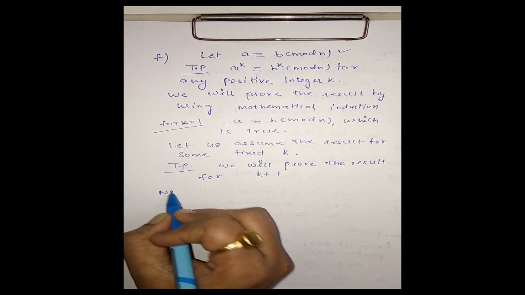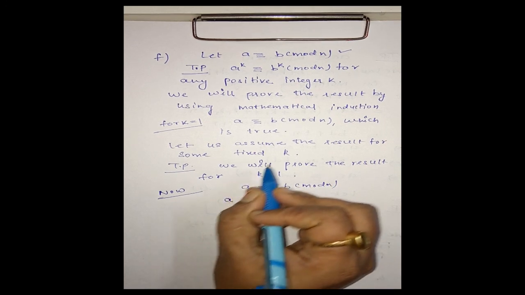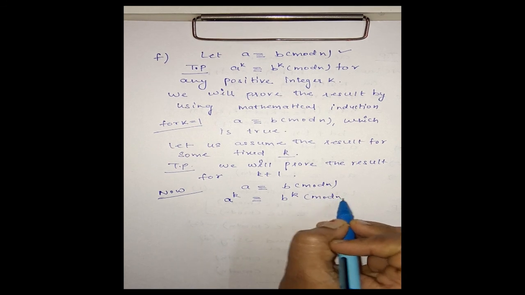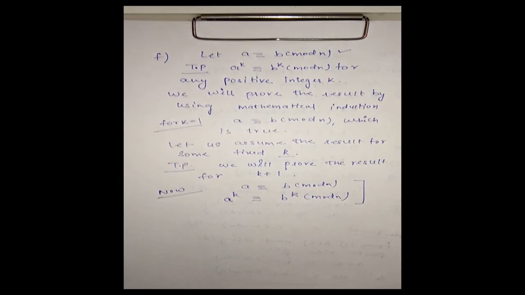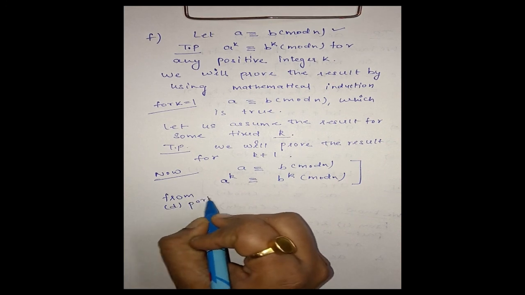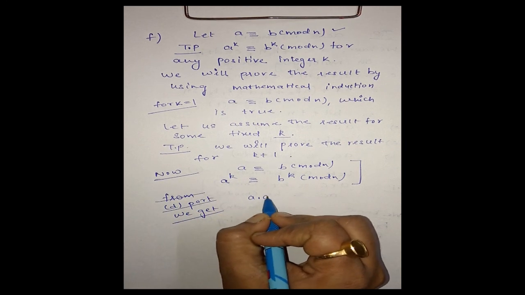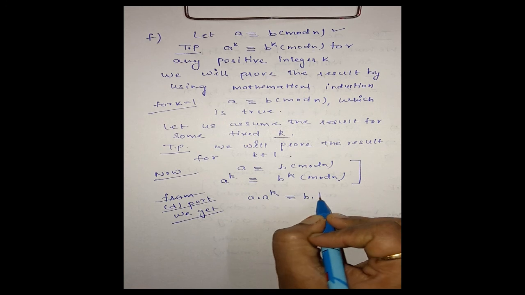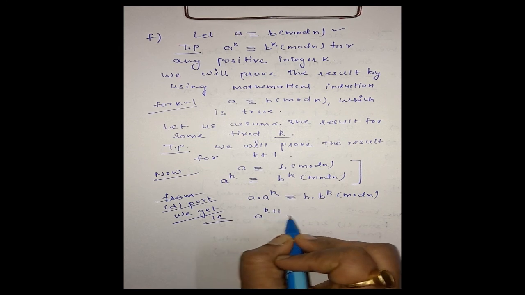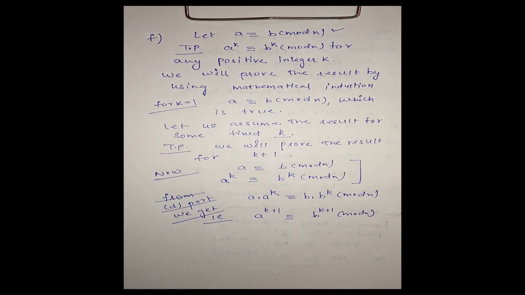A is congruent to B modulo N is given, and by our assumption A^K is congruent to B^K modulo N. Now using these two and using part D, we get A into A^K is congruent to B into B^K modulo N, that is A^(K+1) is congruent to B^(K+1) modulo N. Clear?